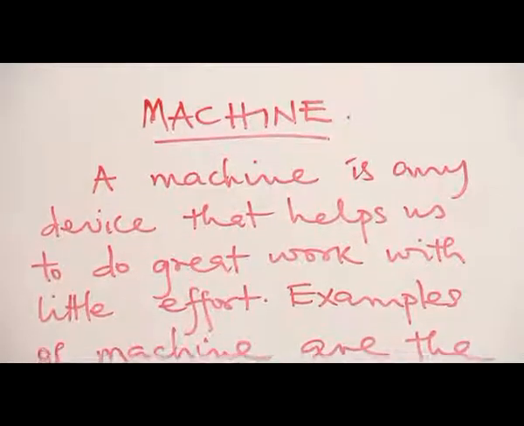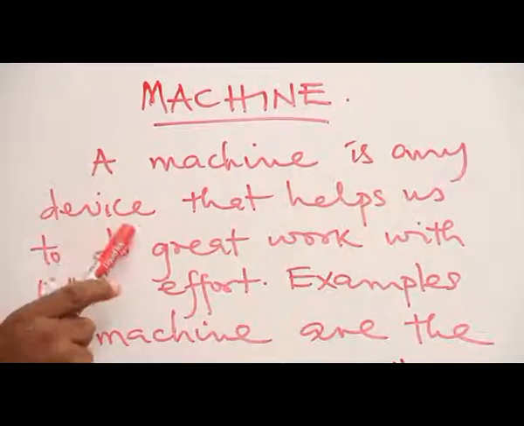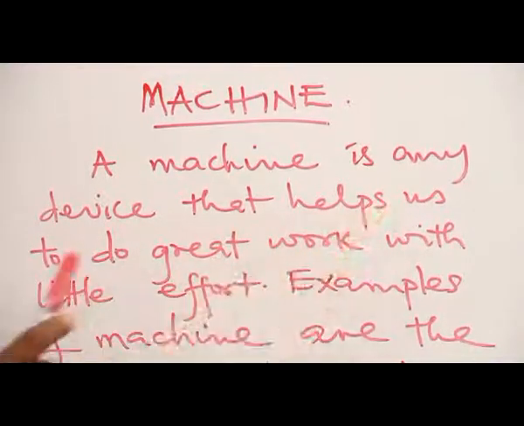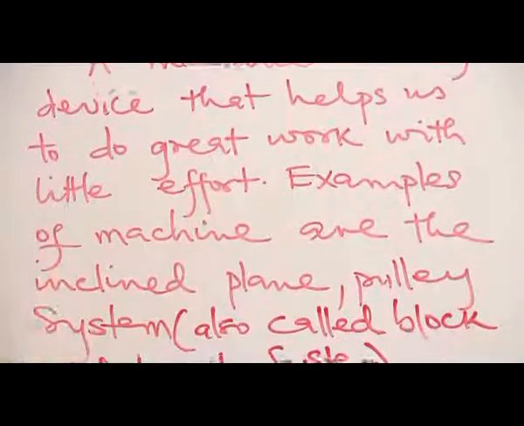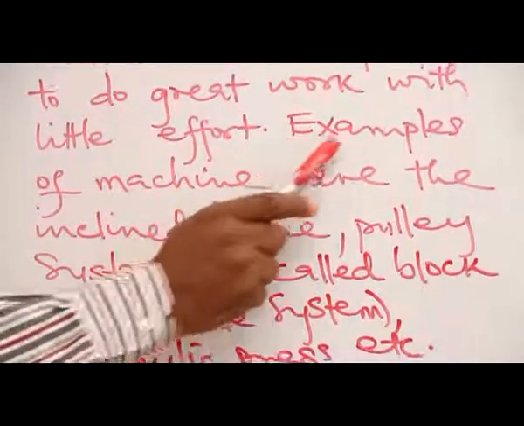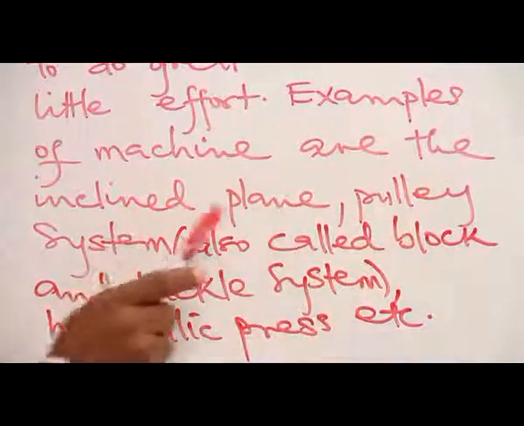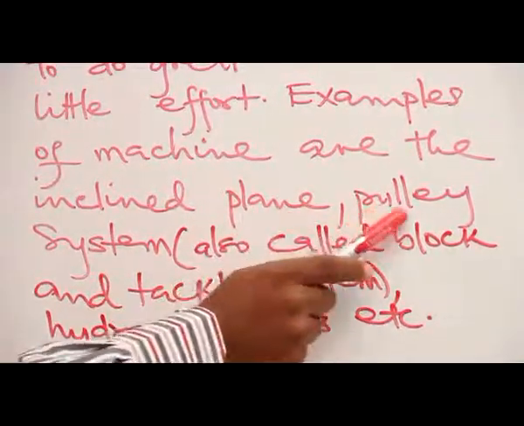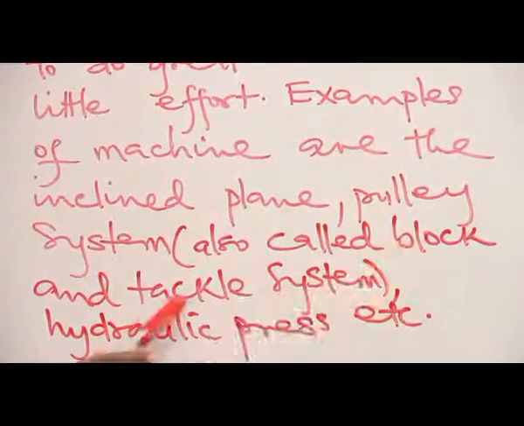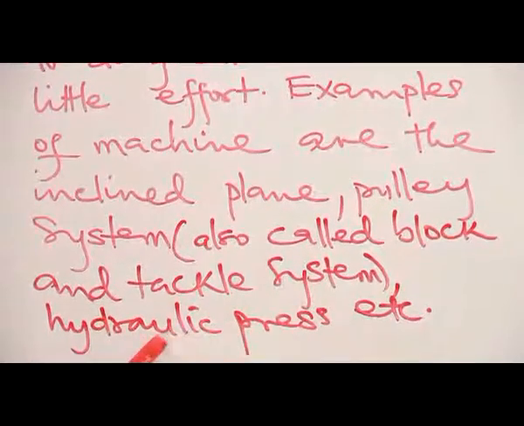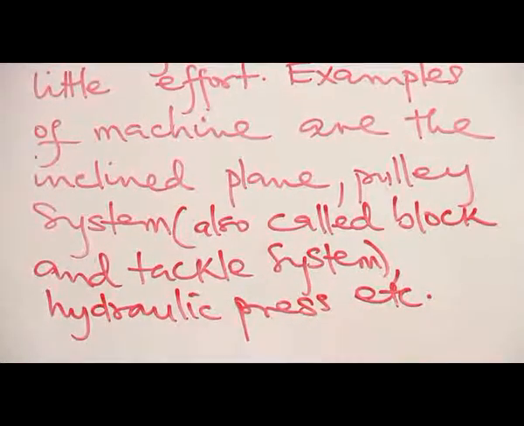Machine. A machine is any device that helps us to do great work with little effort. Examples of machine are the inclined plane, the pulley system, also called the block and tackle system, the hydraulic press, and others.